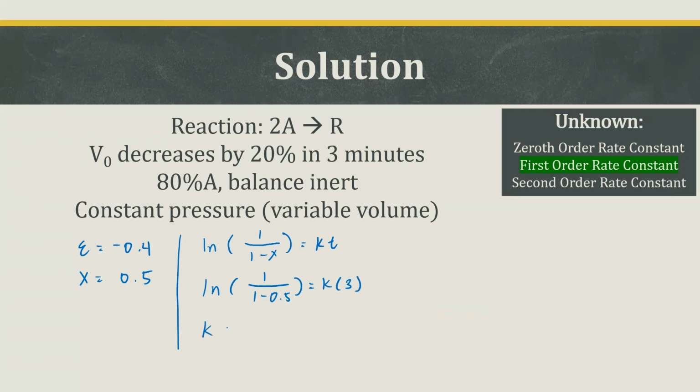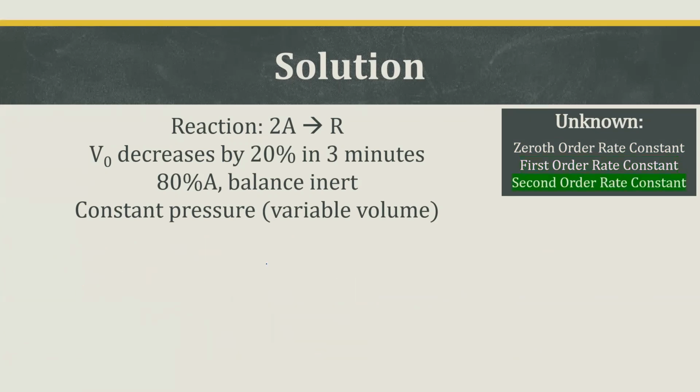Then we solve for k, and you should be getting 0.231. And since this is first order, the unit should be per unit of time, or that's per minute. And this is our answer for the first order rate constant.